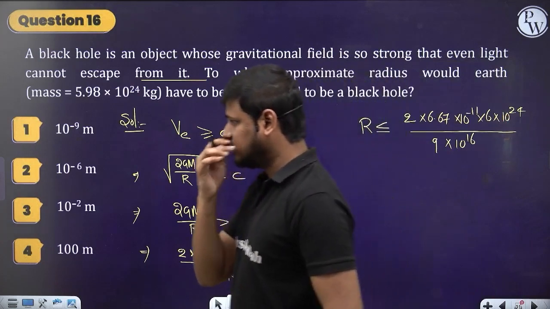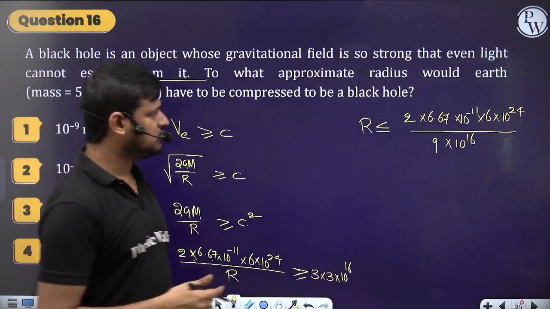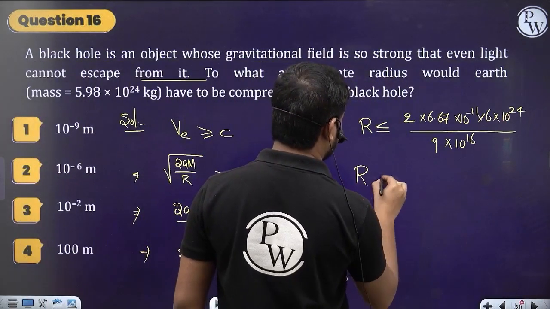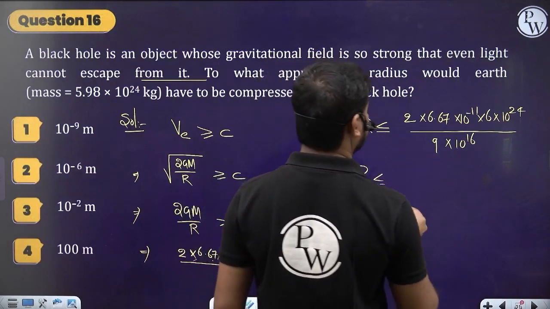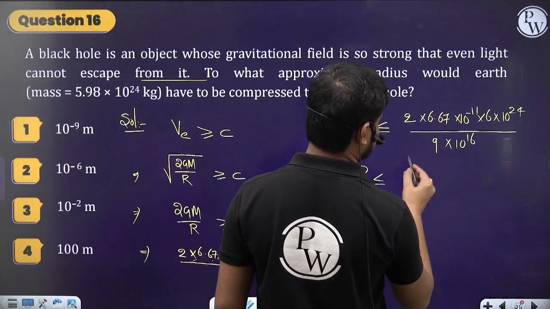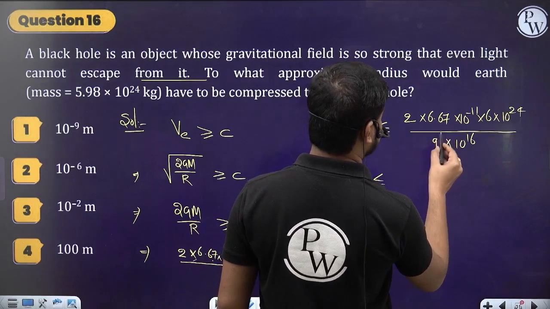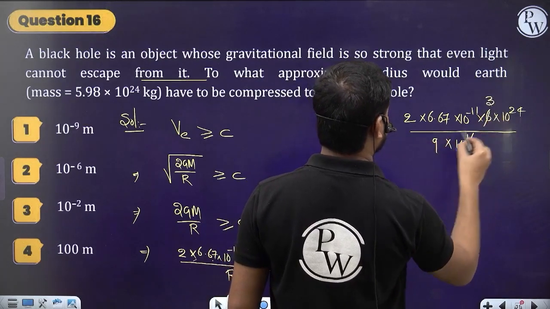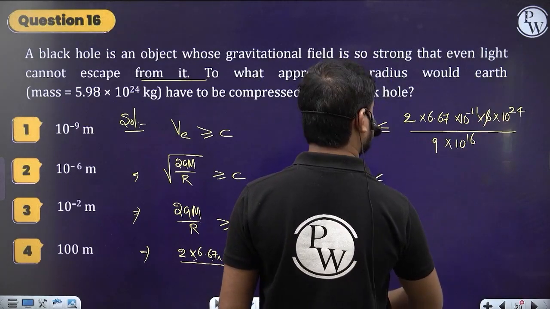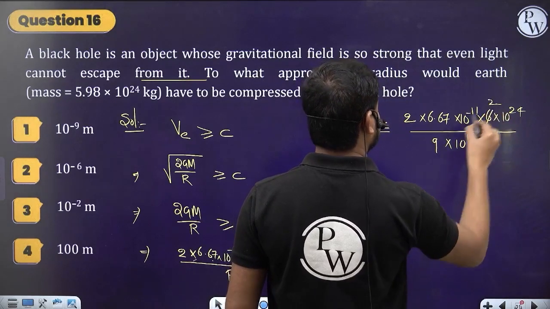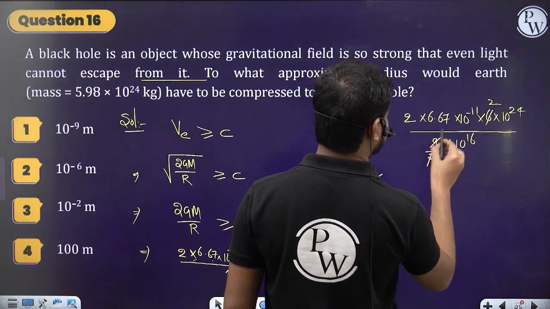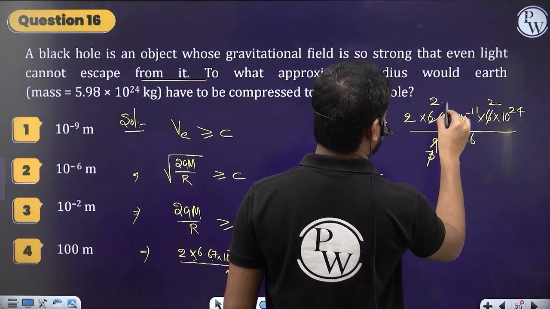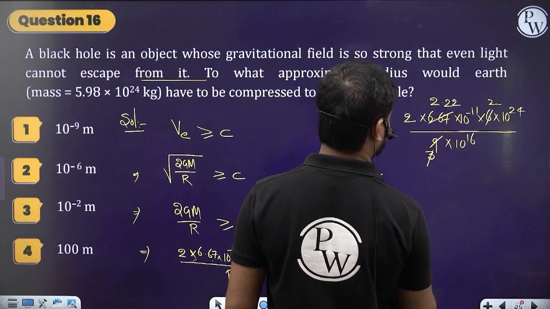So now do the calculations, guys. What is r less than or equal to? Do the simple calculations. This comes to about 2.22, something like that.